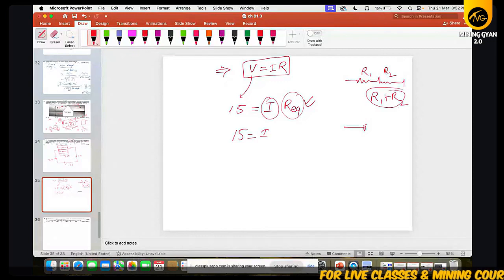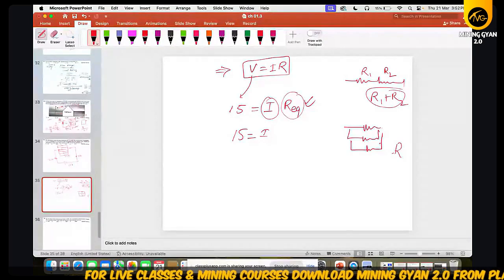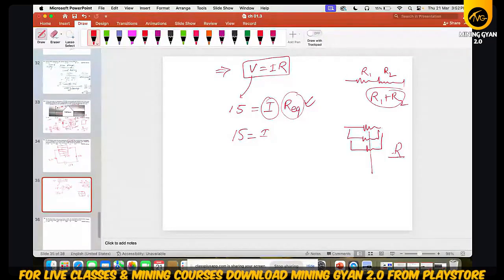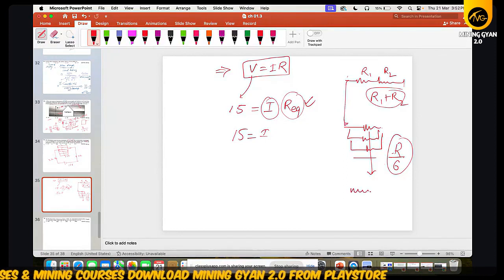If they are parallel then it will be R by n. So R equivalent इनका कितना हो गया?